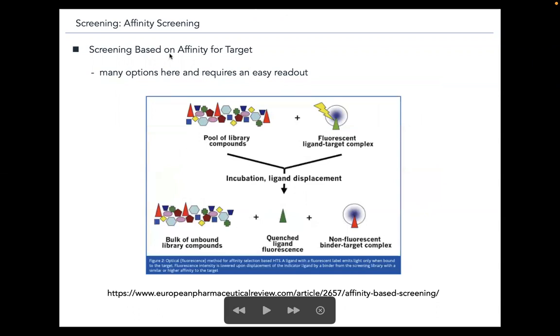Screening based on the affinity for a target is another big one, right? So for example, if you have a pool of compounds, this is exactly what I was talking about before. You have a ton of compounds you need to screen, but then you have a fluorescent ligand target complex, right? So these things all glow at the beginning.